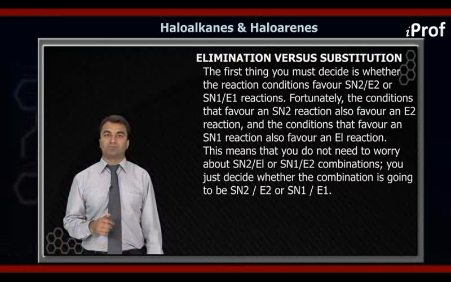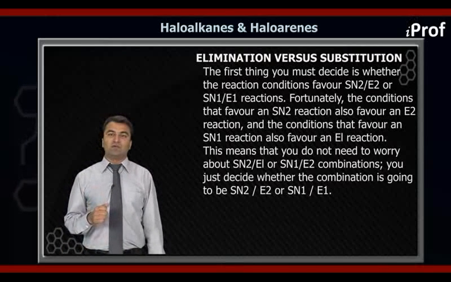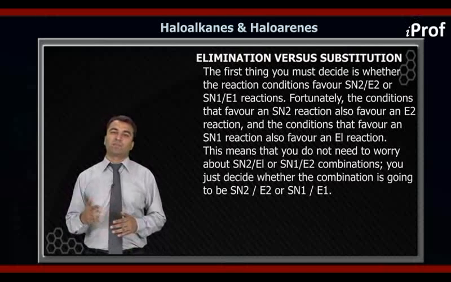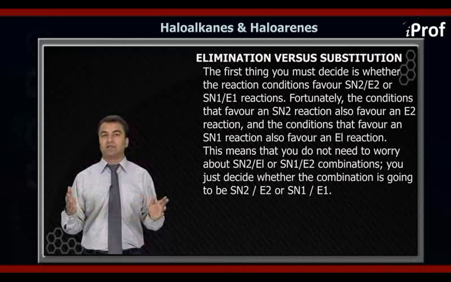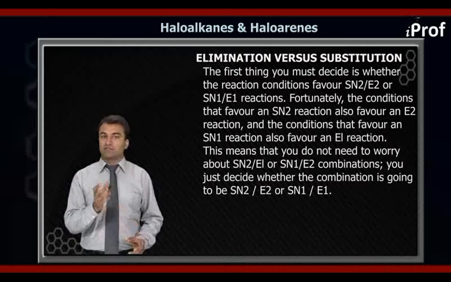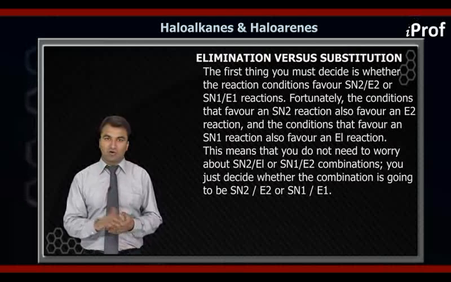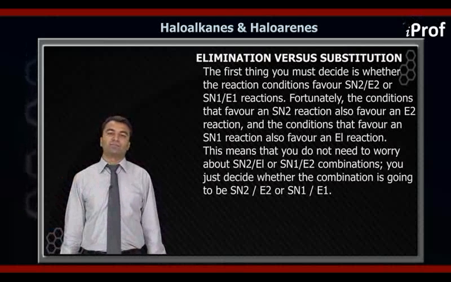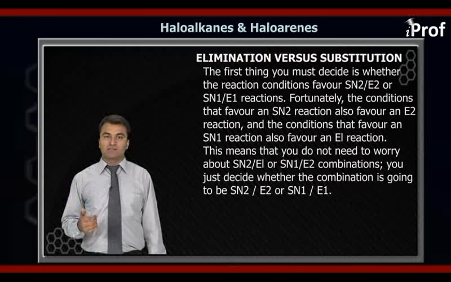Basically we have factors which help us decide whether SN1 or E1 will take place, and similarly for SN2 and E2. One factor is the concentration of base or the concentration of nucleophile. The second factor is the strength of base or the strength of nucleophile.